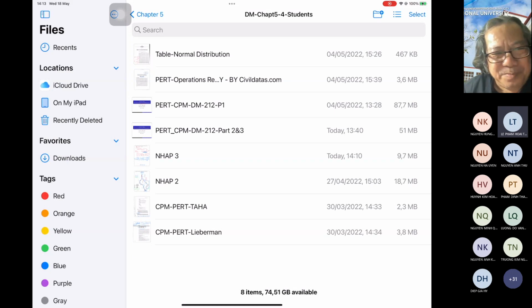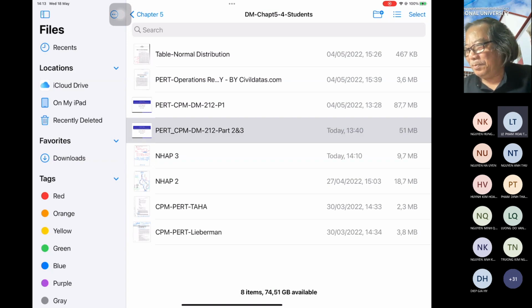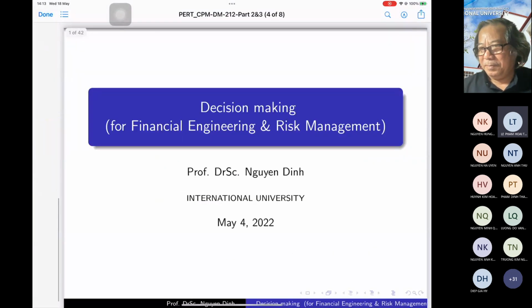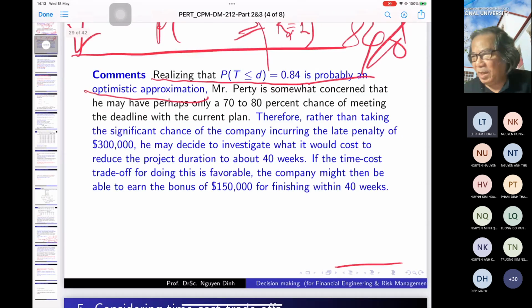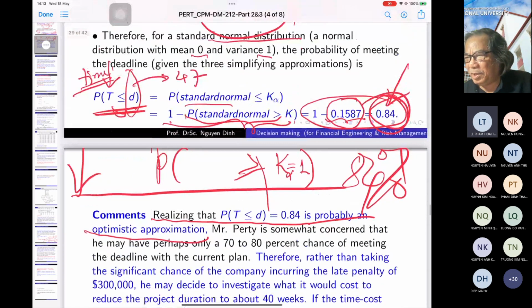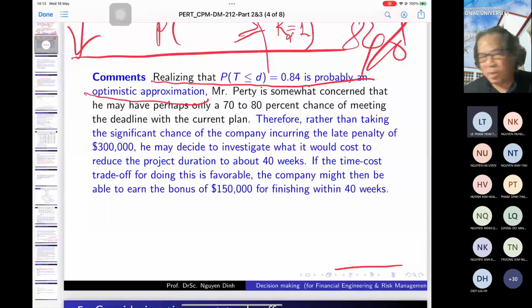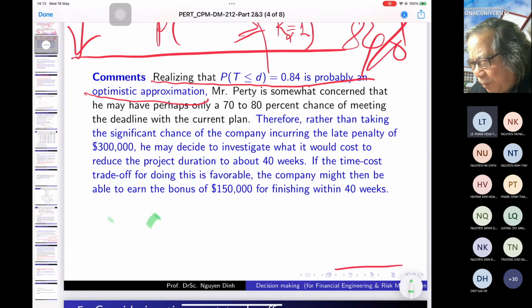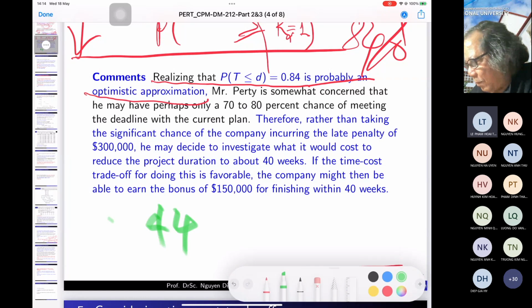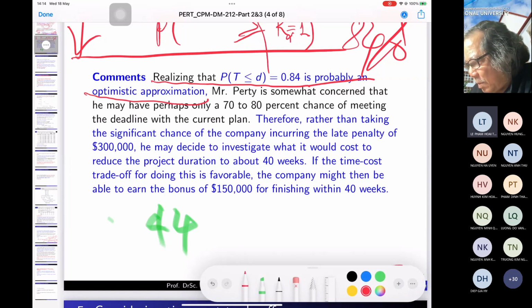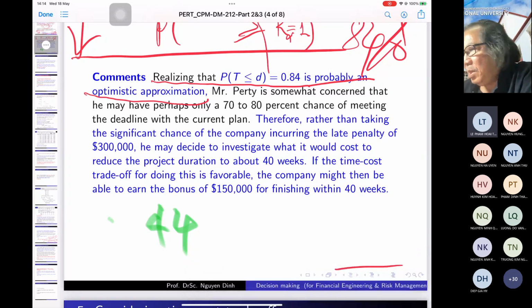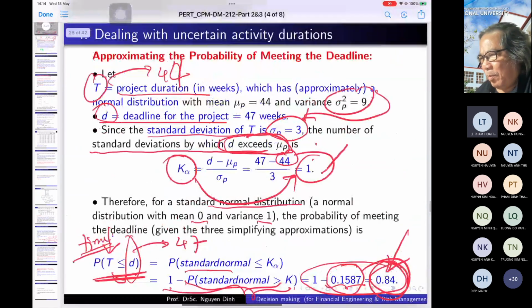Okay, so now we continue with the last time I told you that we find out the critical path is 44. And the deadline is 47. Is that okay? And so you see here, the formula is here.